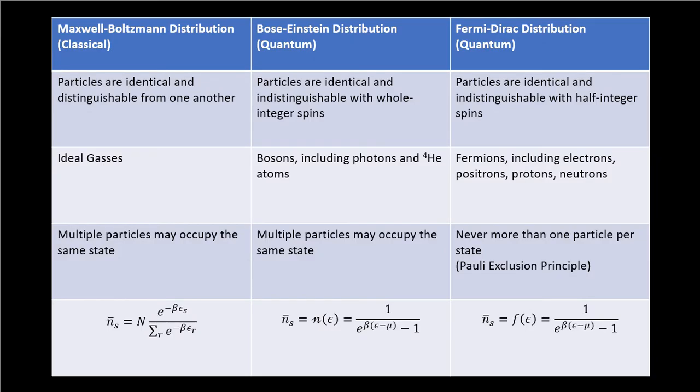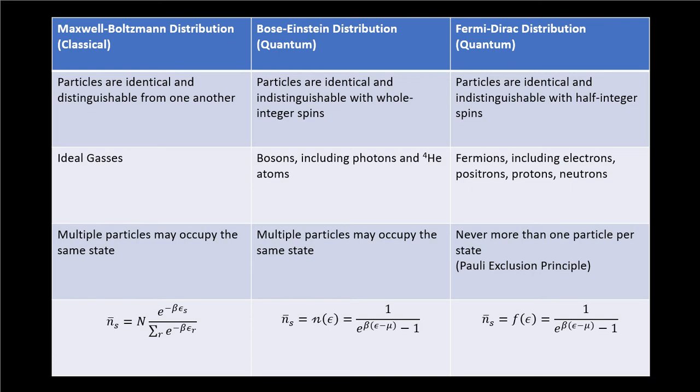And as a general breakdown to compare each one, just going from left to right, for the classical case, this is dealing with particles which are identical to one another. However, they are distinguishable from one another. In this case, their wave functions will not overlap with one another.